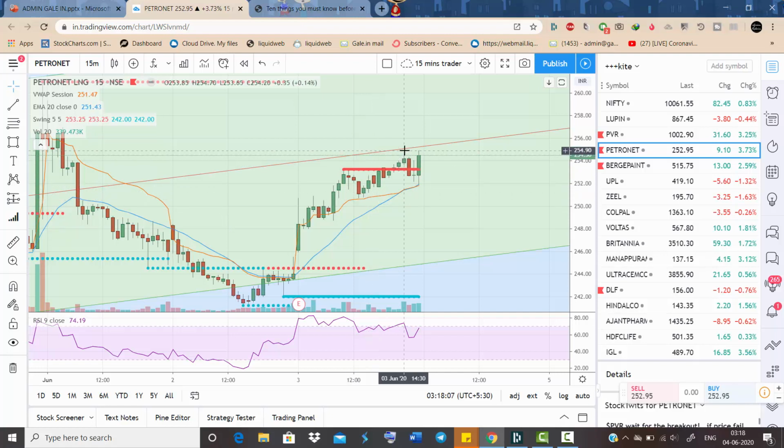Target is this median line. See, this candlestick confirms that a new high is going to be made. So you can see a new high is made. If this RSI goes above 80, you can book, or you can wait for the end of the day to book profits. We did not enter a trade here, we just booked our profits here.